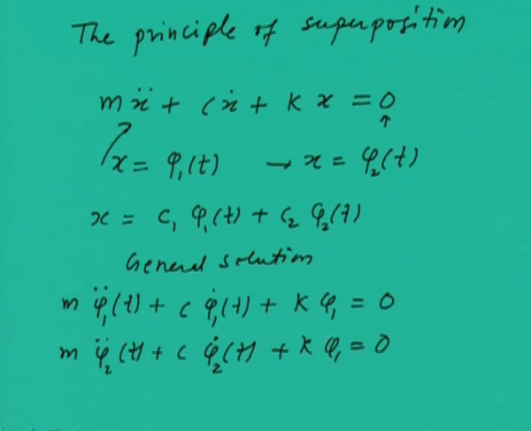If we multiply the first equation with C1 and the second equation with C2, and add them, we will get an equation like this.